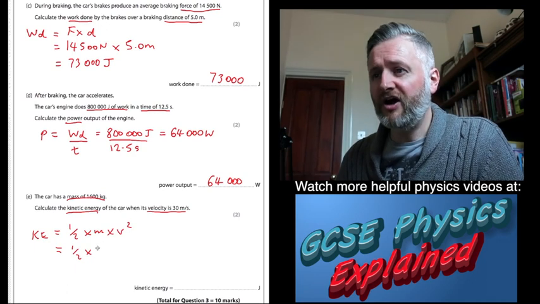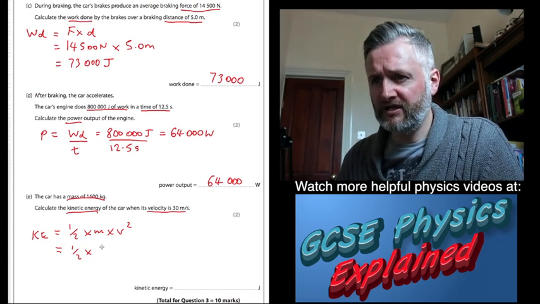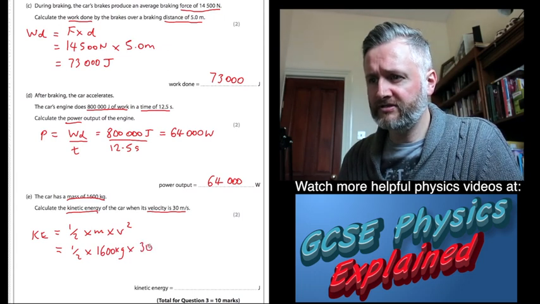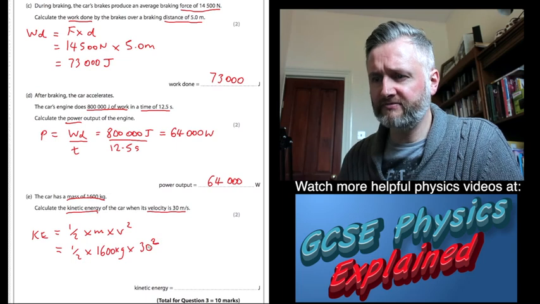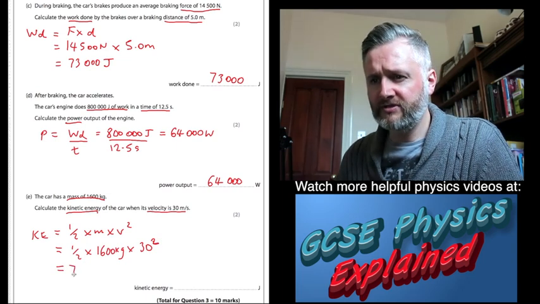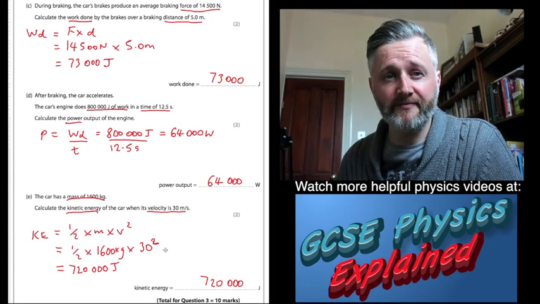Now remember to square the velocity first and then multiply it by the mass and then half it. So that equals 720,000 joules, if you're clever.